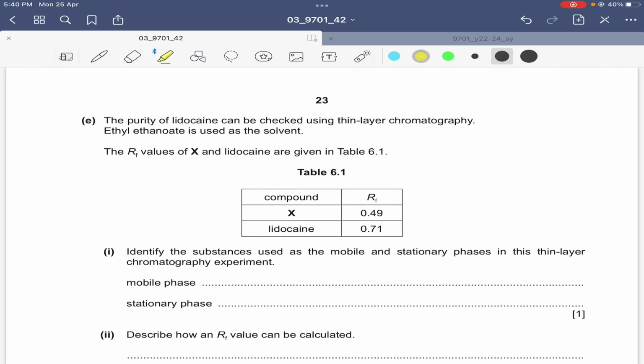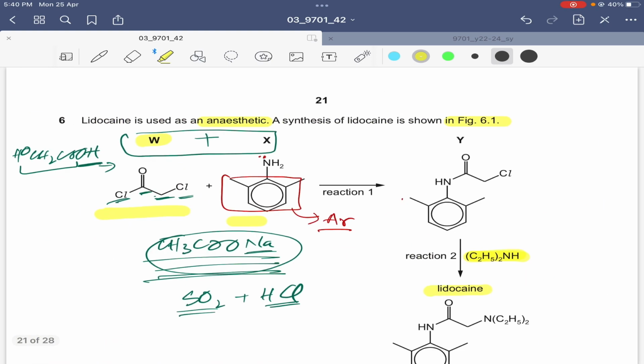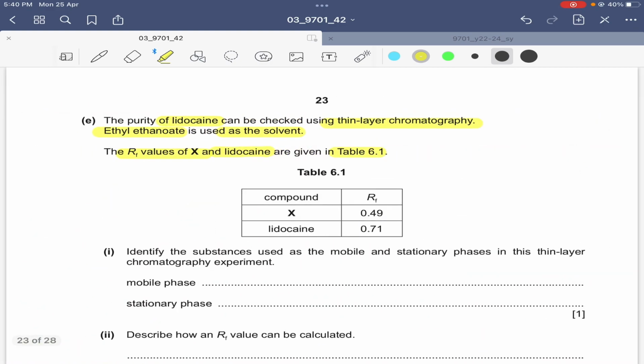All right, the purity of lidocaine can be checked using thin layer chromatography. Ethyl ethanoate is used as the solvent. The RF value of X and lidocaine are given in table 6.1. Right, this is X phenylamine, and the RF values, the retention factor for X in lidocaine is given.